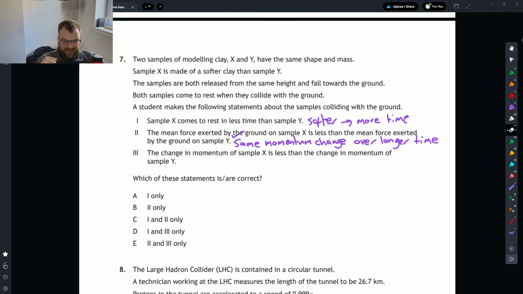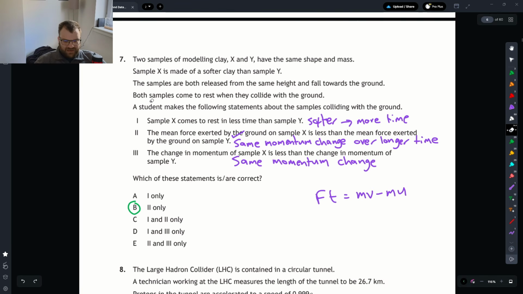Whereas in number 3, it is the same change in momentum for both of them because they are the same mass. So that would, when we put it into the calculation, be the same value that we've got for that, which makes it to me like number 2 is the only one correct. So B would be what I would say for that one.